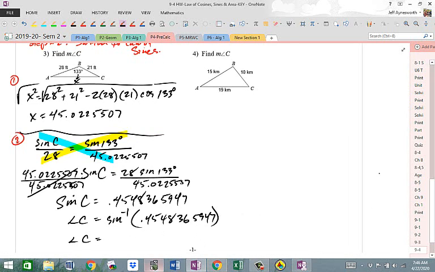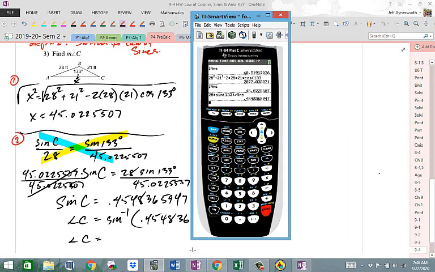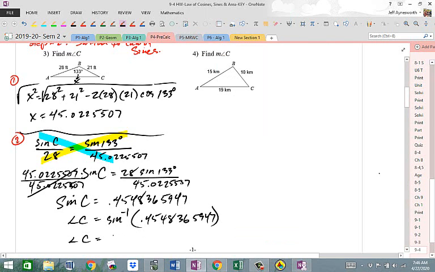On the TI-84, you just go inverse sine, and then you recall your answer back again so you don't have to type it in again. And you're going to get about 27.05 degrees, or 27.05 and so on. And there's your angle. Remember, this is an angle.